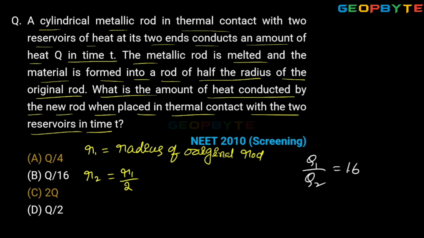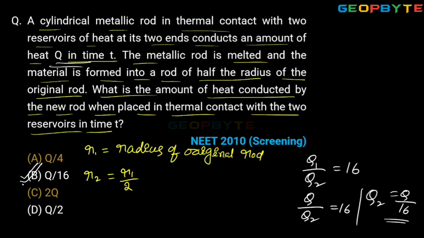Q1, the initial heat transfer, is given as Q, so Q by Q2 equals 16. From this, Q2 equals Q by 16. Look at option B. Option B is absolutely correct. Understood clearly? I try to explain each and every point for your better understanding.